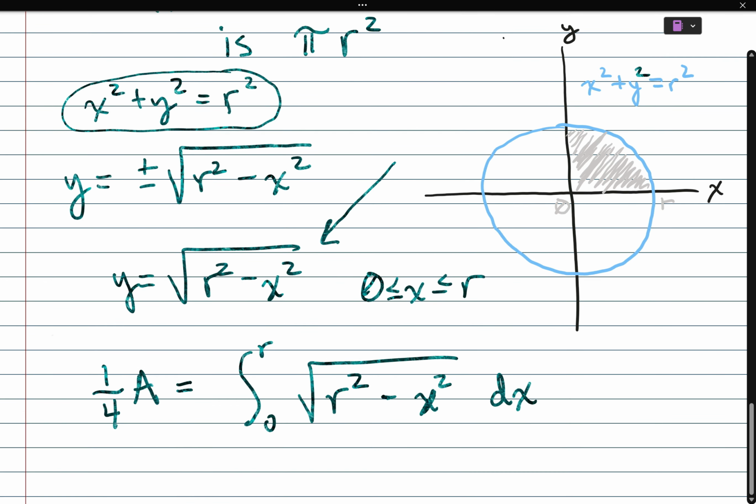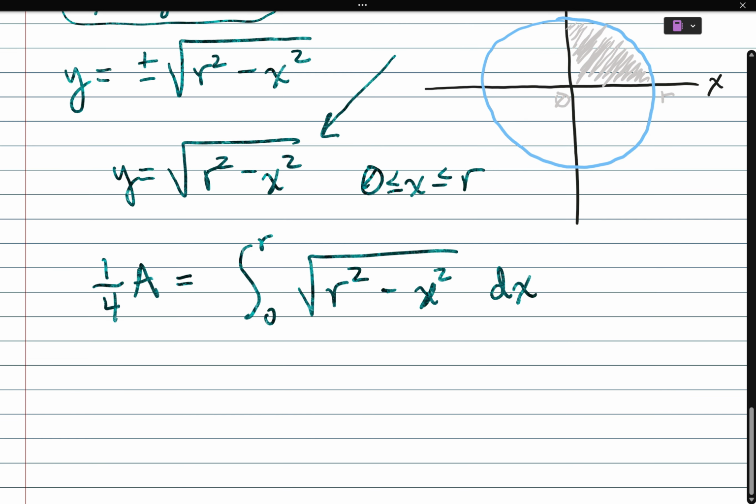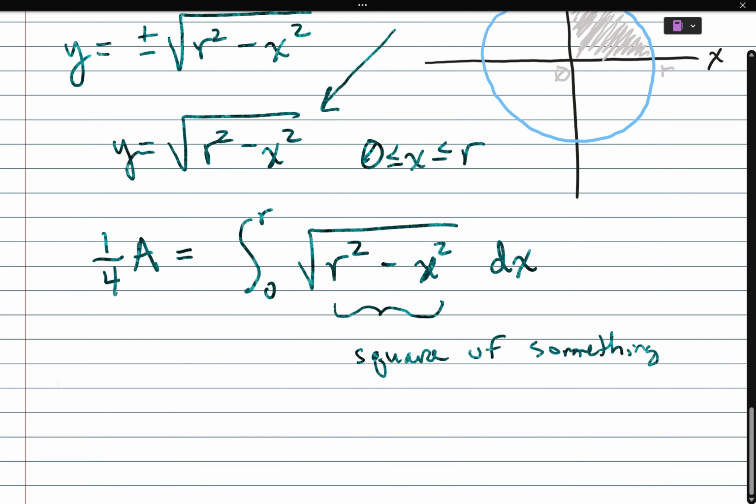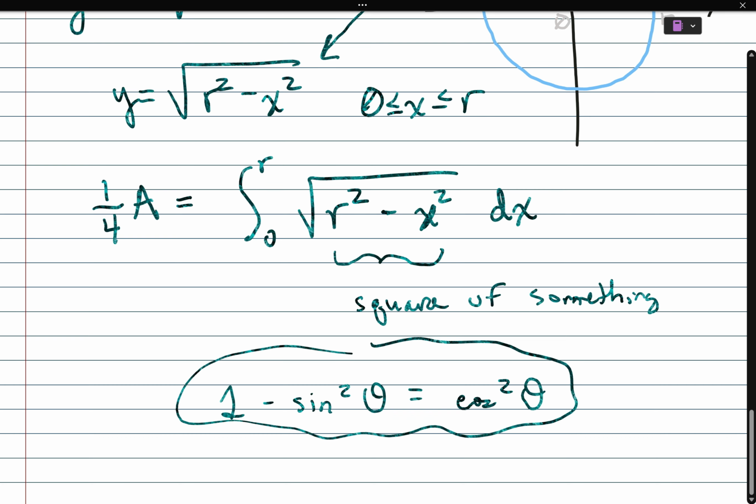All right, so next, to simplify this integral, we're going to make a substitution, right? We're going to make a substitution that turns r squared minus x squared into the square of something. So the trigonometric identity of 1 minus sine squared theta equals cosine squared theta is going to be useful for us in this situation, right?